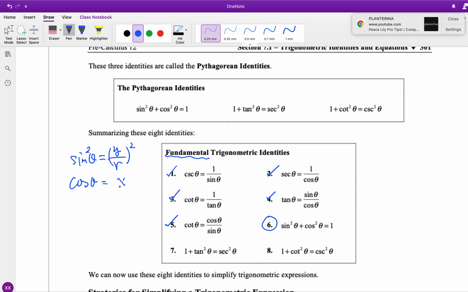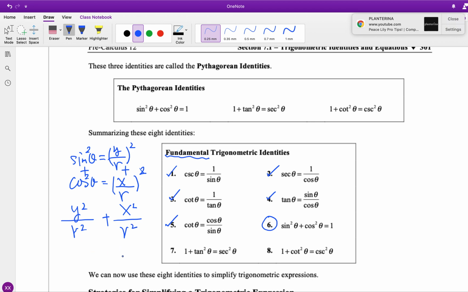Cosine is x over r. Now if the square, then it's that square. Now we add them. Plus means this one plus this one. So that means y squared over r squared plus x squared over r squared.